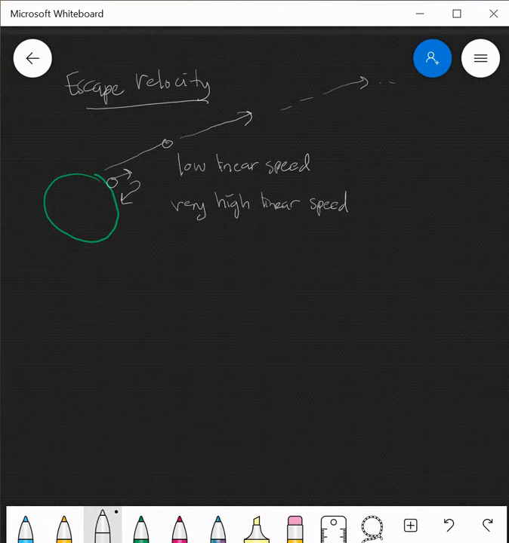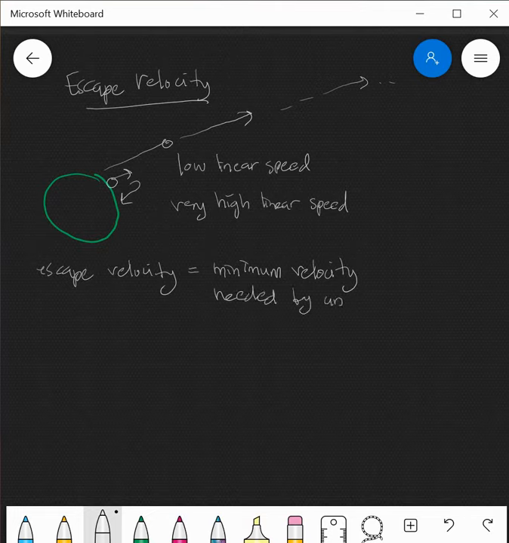escape velocity here means minimum velocity needed by an object to escape the surface of the earth, to overcome the gravitational force and escape to outer space.